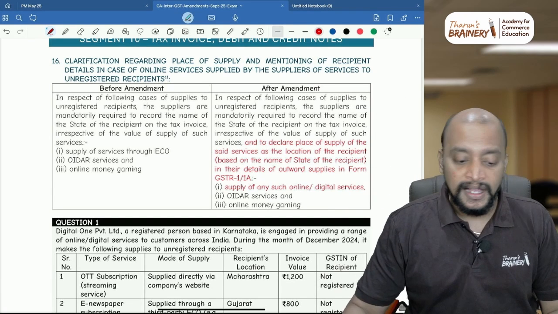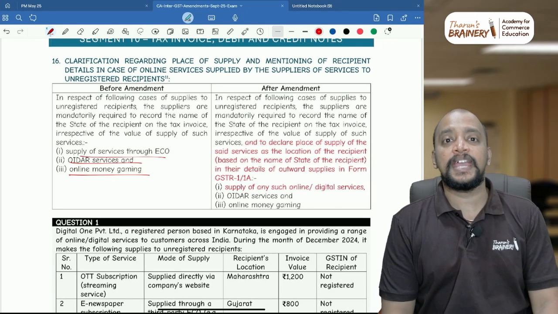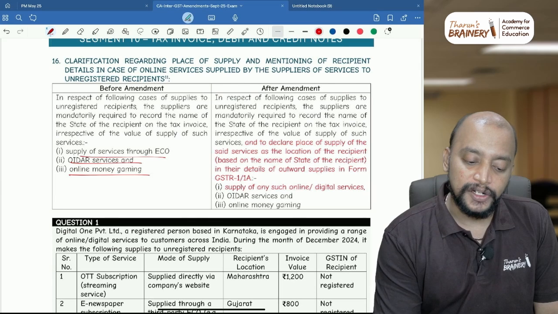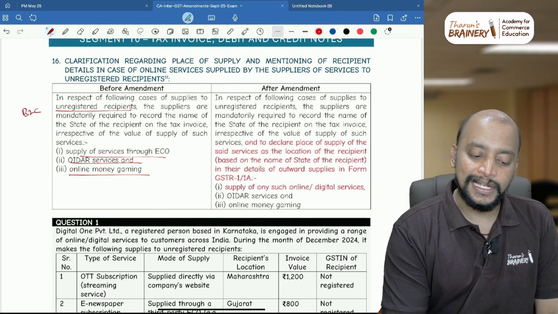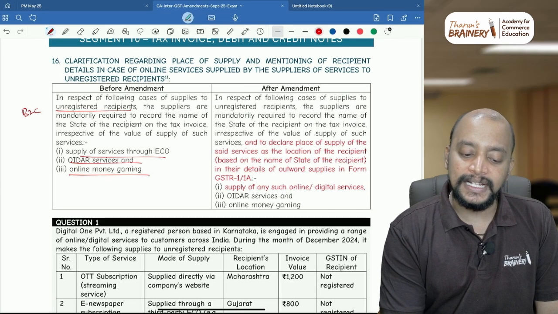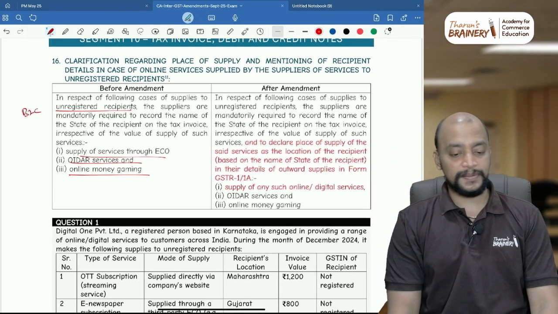Before the amendment, these were supply of services through an e-commerce operator, OIDR services and online money gaming. In respect of the following cases of supplies to unregistered, B2C, the suppliers are mandatorily required to record the name of the state of the recipient on the tax invoice irrespective of the value of supply of such services.